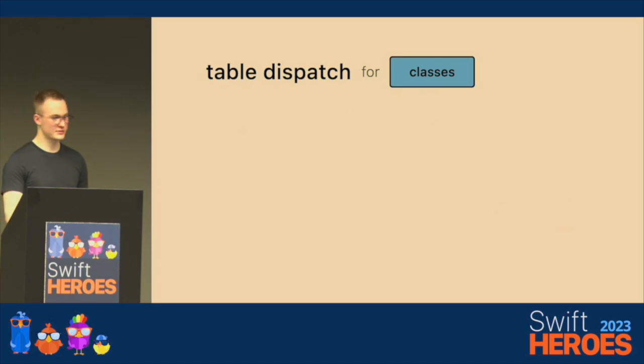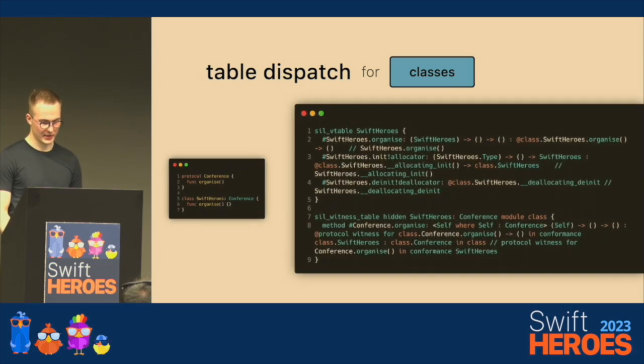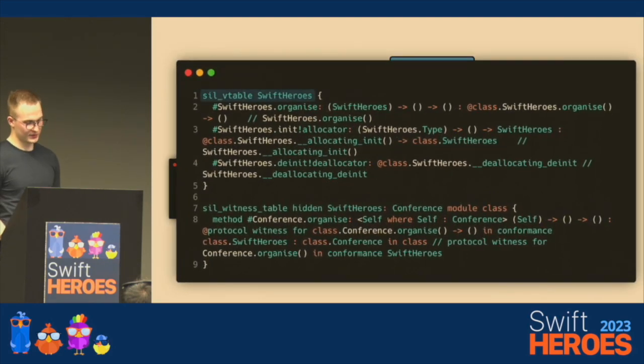And to see how tables look in Swift intermediate language, we can analyze a simpler case with one protocol and a function which will be implemented in the class that conforms to this protocol's interface, basically. So, the Swift intermediate language in this case looks as follows. We have a virtual table for the class you've seen before, and we have the witness table as well.